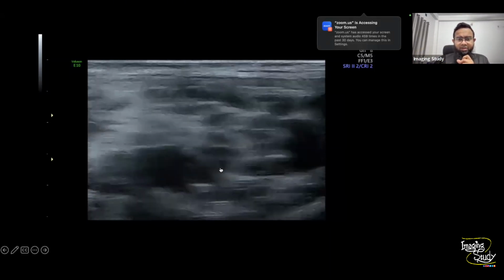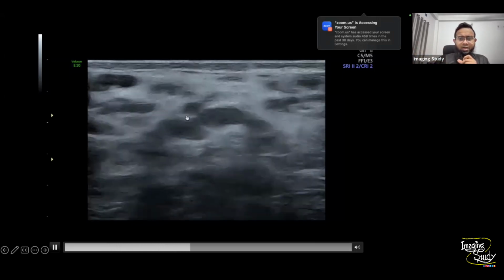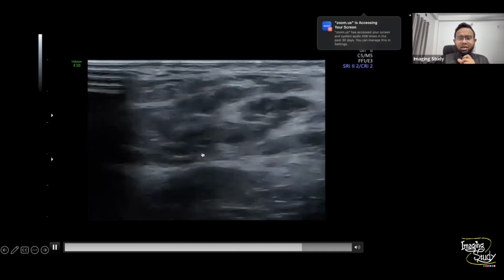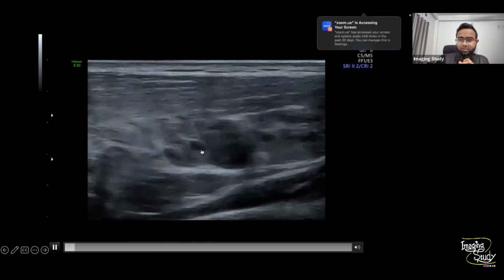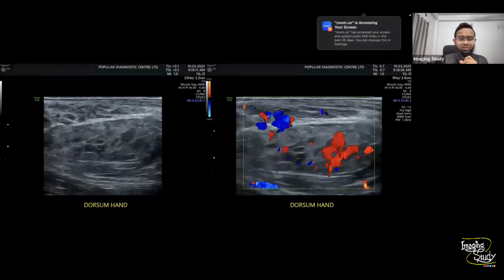So here I have just crossed the forearm, and now I came to the hand. I can still see these venous or vascular channels within the hand region. So this is the dorsum of the hand, and when we put the Doppler, we still can see the flow. These venous channels are obviously getting connected to the palmar or dorsal venous arches.